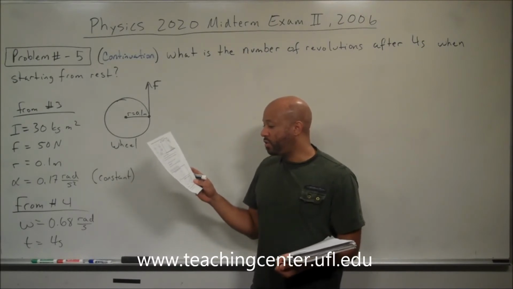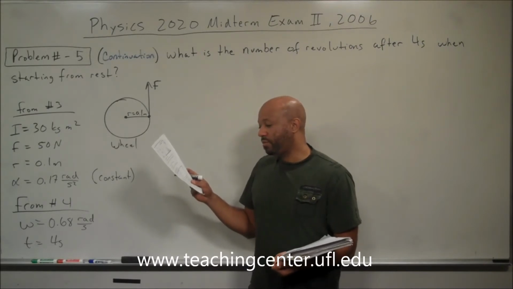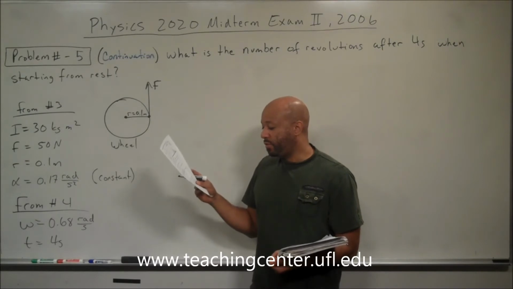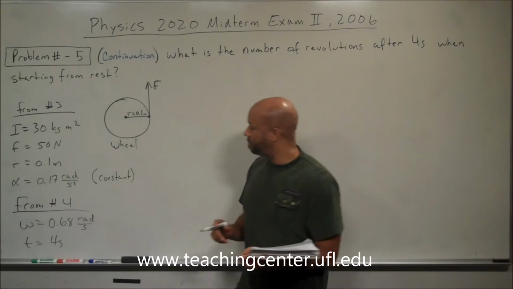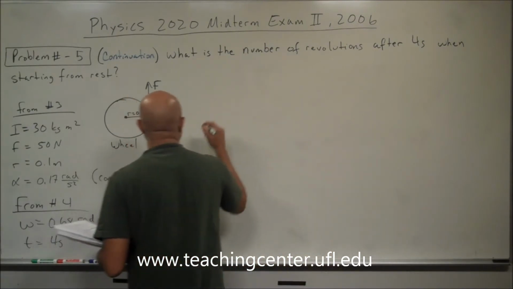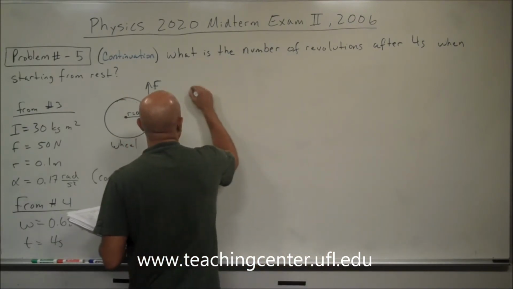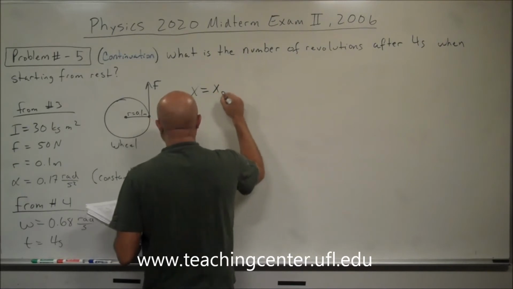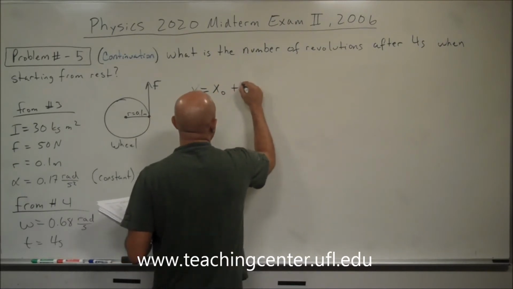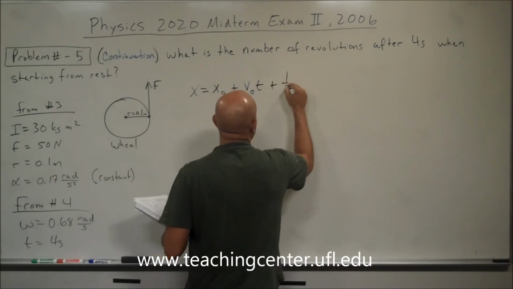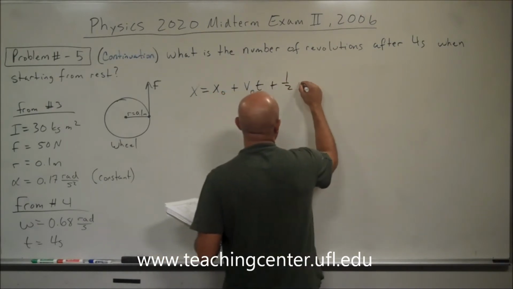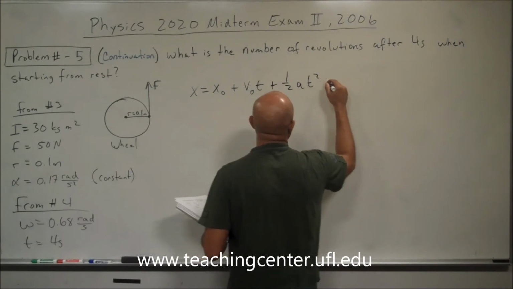But basically, if we're trying to find rotation, we can use at least the bottom 2. So let's look at this particular equation, where we have x is equal to x sub 0 plus v sub 0 t plus 1/2 a t squared.